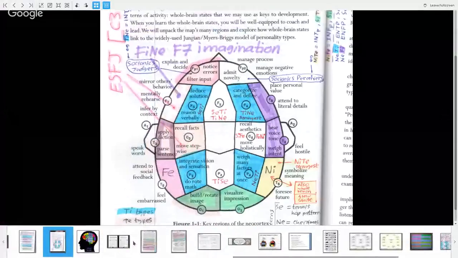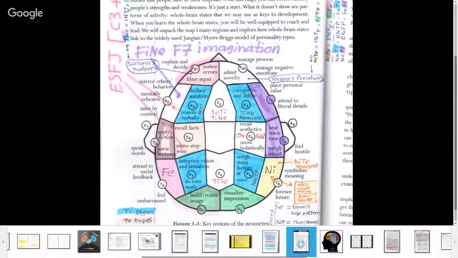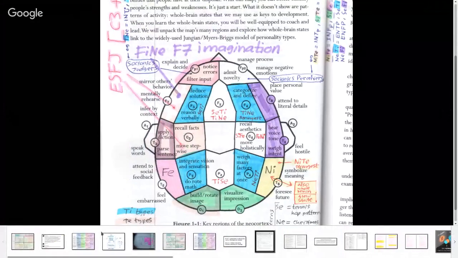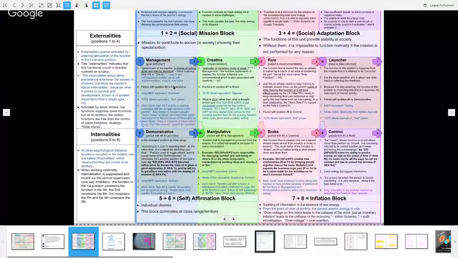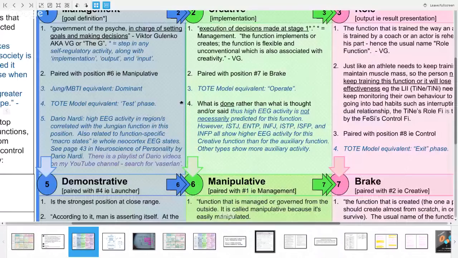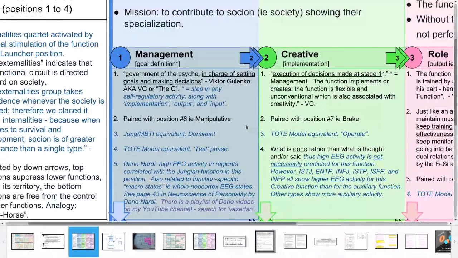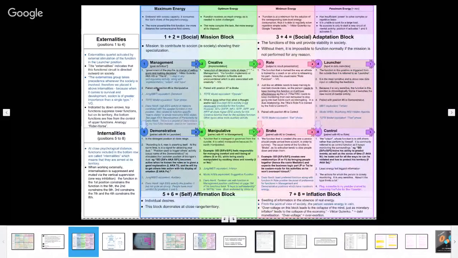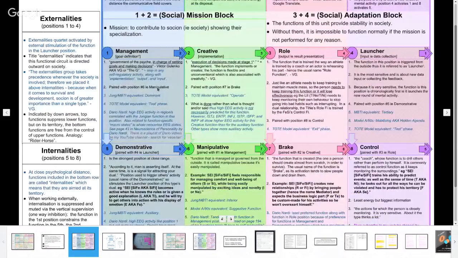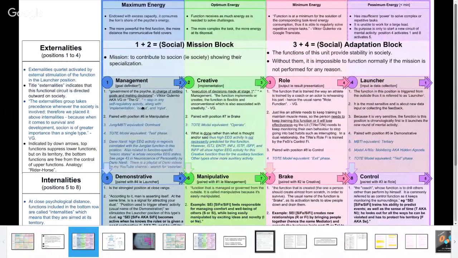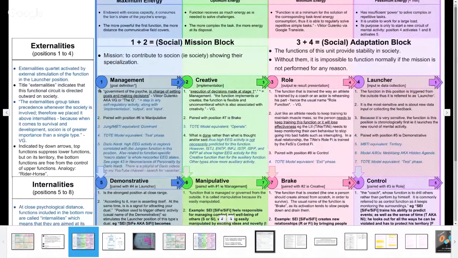So, going back to here, management function. Now, so we covered the energy aspect, right? And again, social mission block is these 2 functions working together, right?